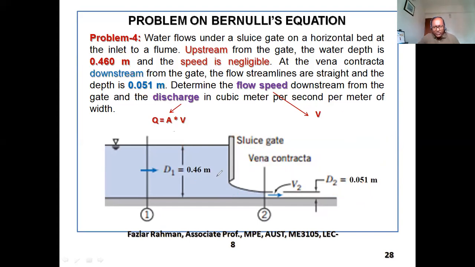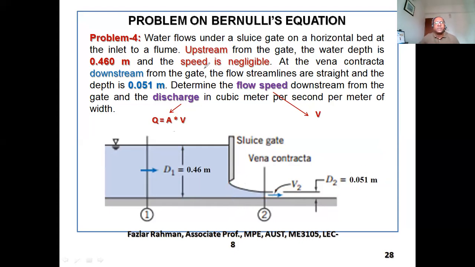So right over here, water is flowing under the gate with high speed. So right over here the height is this much, right? Gradually height is decreasing, then it might increase again. Okay, so this portion right over here is called vena contracta. So at this point, the depth of water is 0.051.